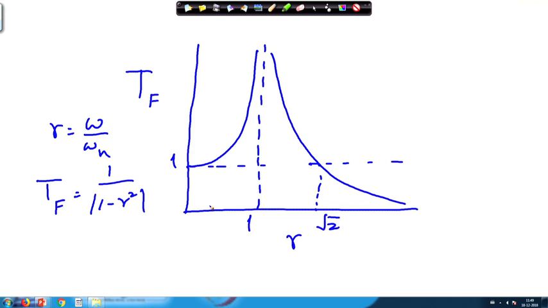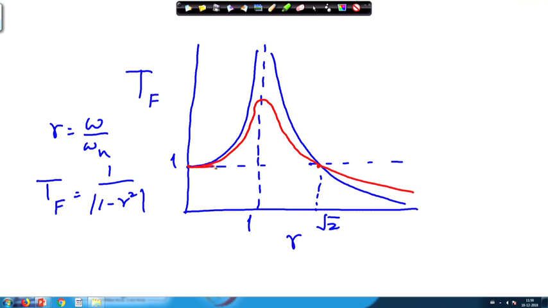When damping is incorporated, things may change. If the damping is quite small, the transmissibility will be like this. Again, it is interesting to note that for any value of the damping, the transmissibility will be equal to 1 when r is equal to root 2.